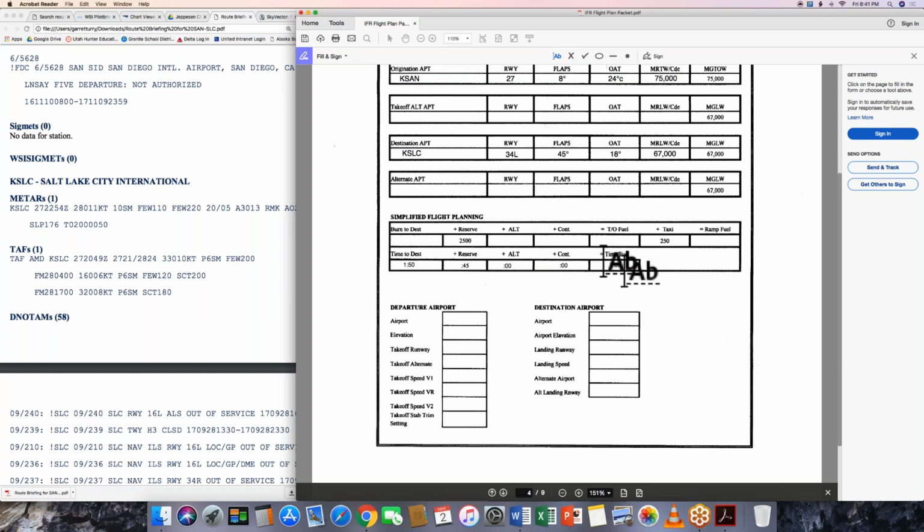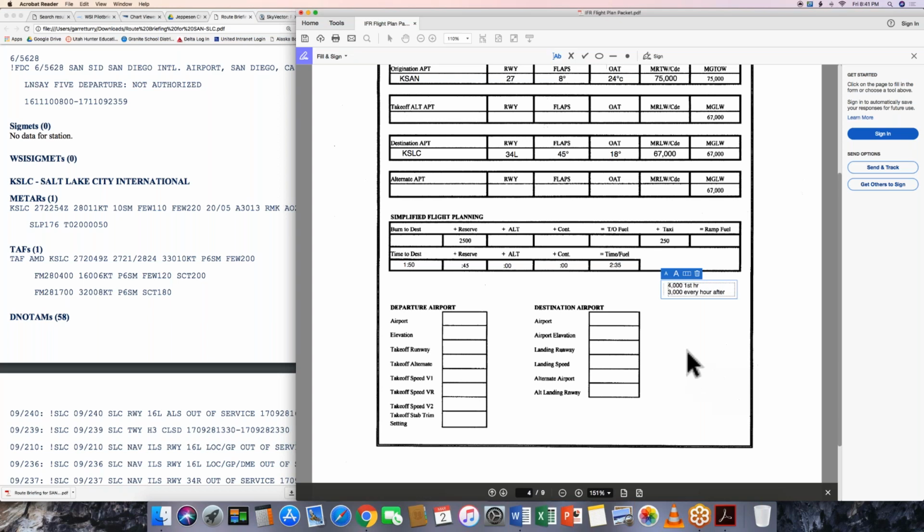So when we look at 2 hours and 35 minutes, our burn to the destination is going to be what? How are we going to figure out our burn? We remember 4,000 pounds for the first hour, and then 3,000 pounds every hour after.